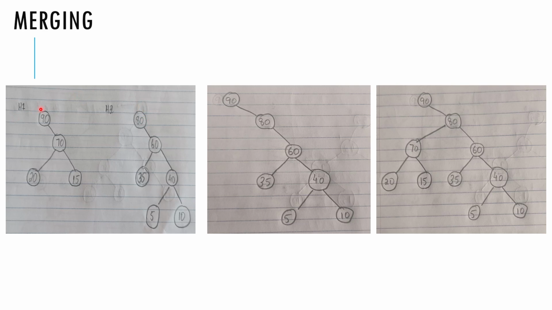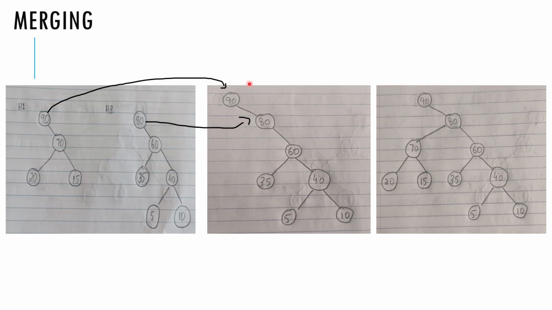So we pick this root value of 90 to be the root for the merged weak heap. And after that, H2 is appended to the node 90 as the right child, as we have already seen that the root node has no left child.